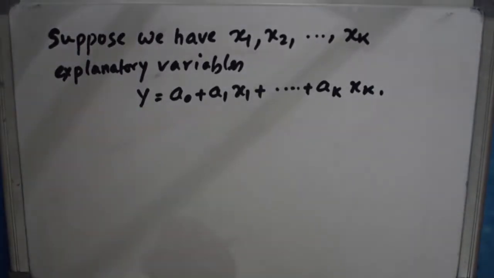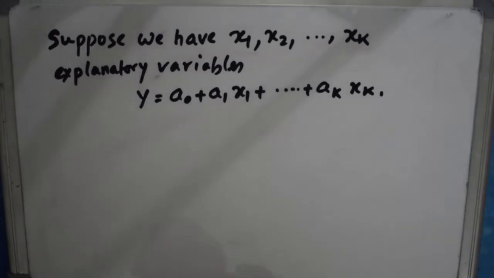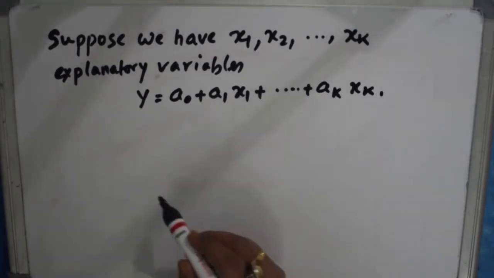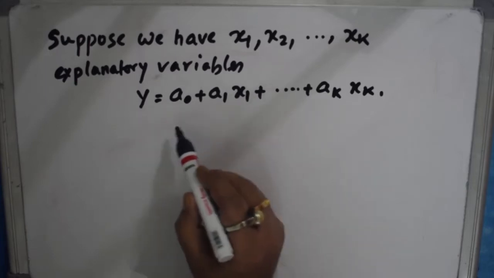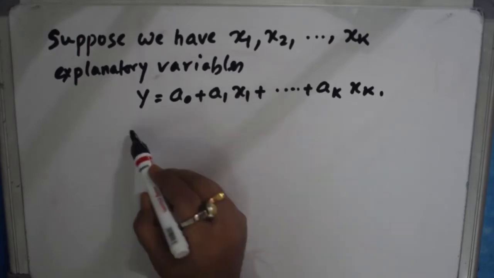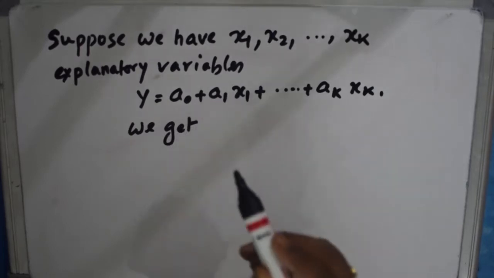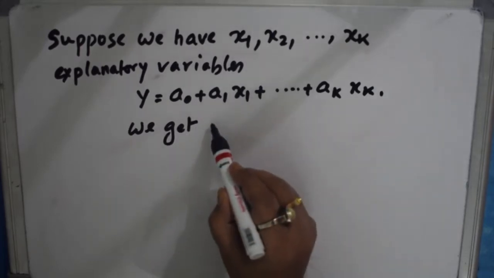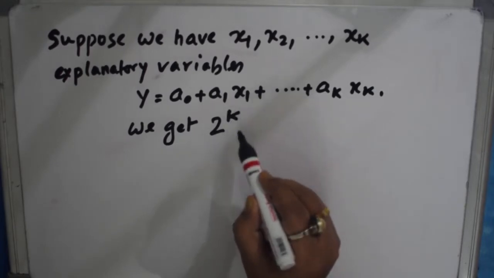Now we see that if we explore all the subsets, we get 2 to the power k.